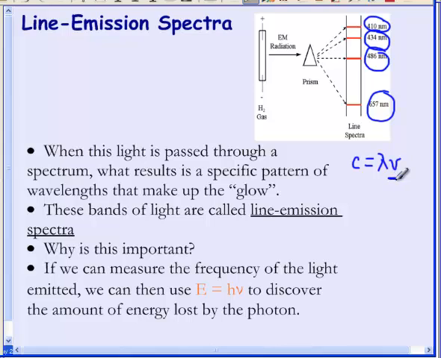And if we can get the frequency from the wavelength, then we can plug that into Planck's constant and figure out how much energy those electrons were giving off as they dropped back down. Because that light that's being given off is being given off as a photon, as a particle of light. So now we've got a relationship between all of these equations, between the original wave equation that relates to the speed of light, and now to Planck's equation.